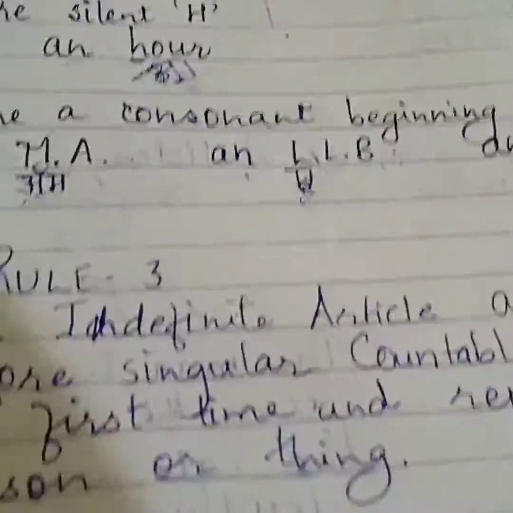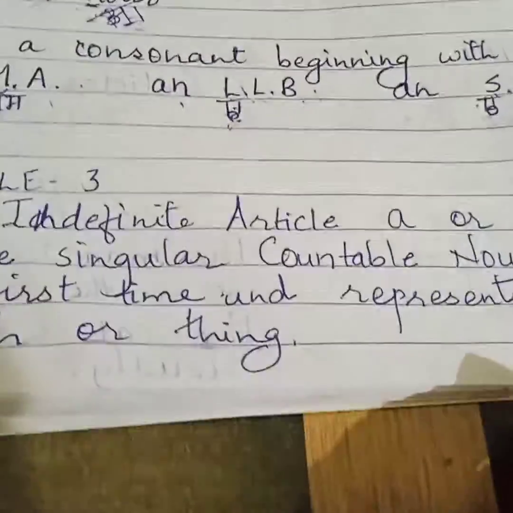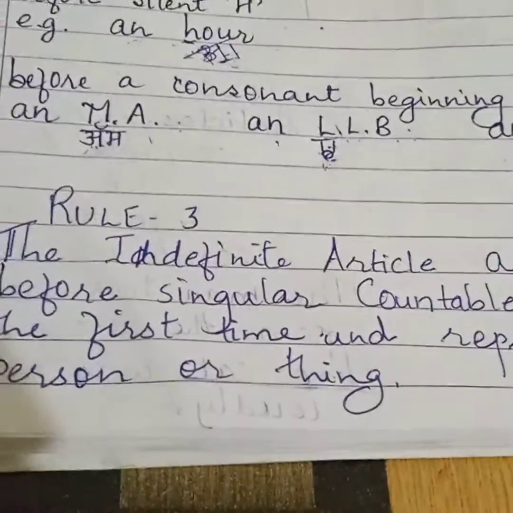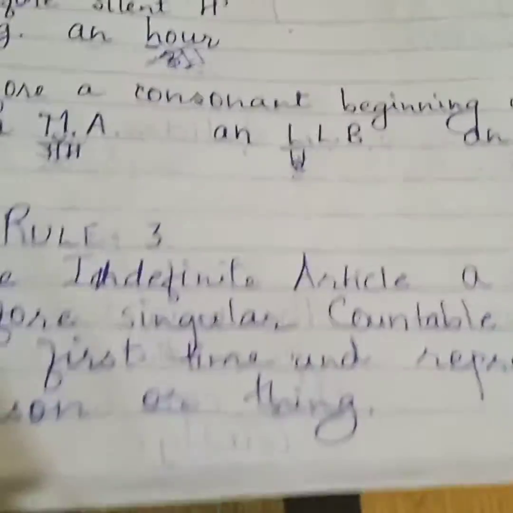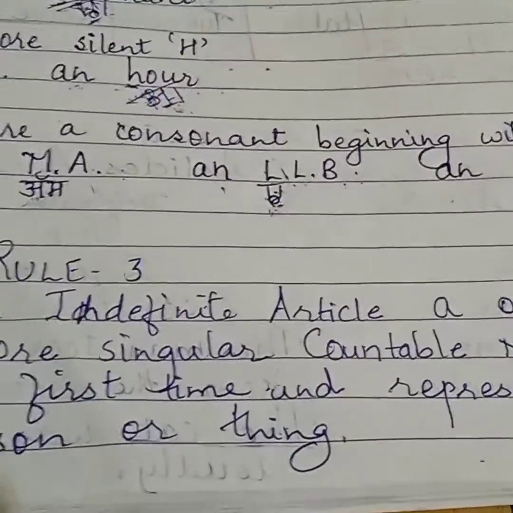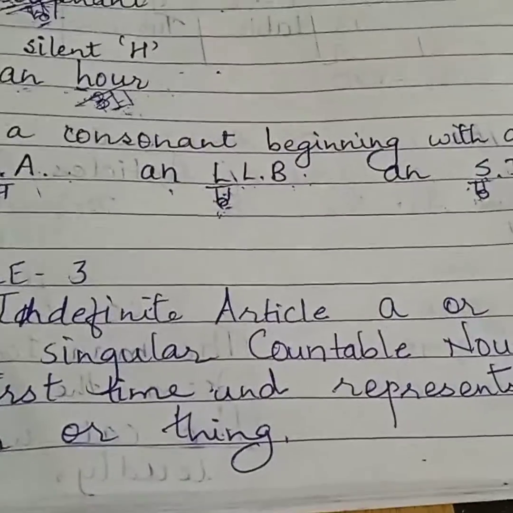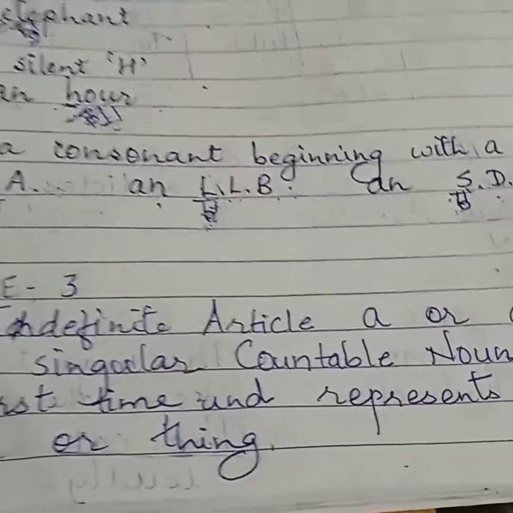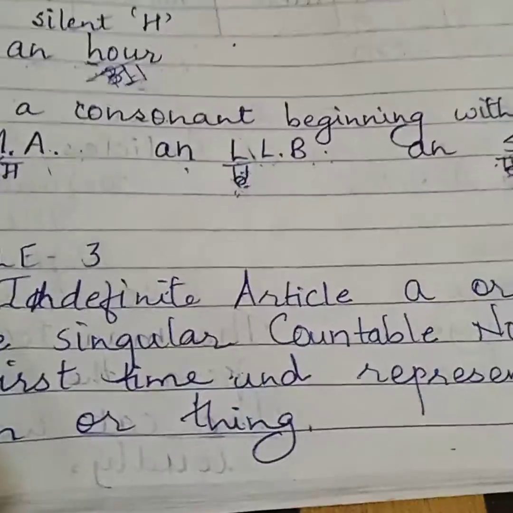Okay. Now let us see rule 3, which tells us when an article A or AN is to be used. Articles A or AN are to be used only before singular nouns, not plural but singular nouns, which are countable and which you are referring to for the first time. It does not point out or represent any particular person or thing.